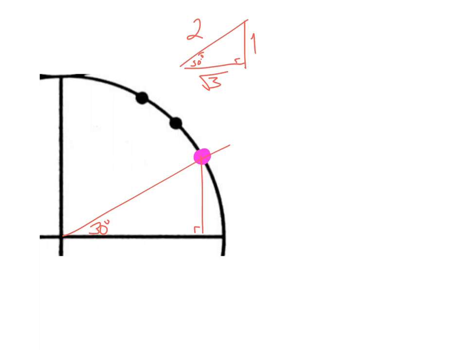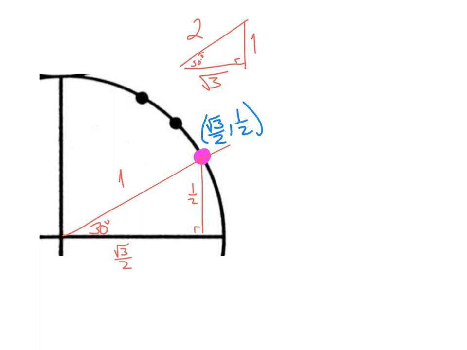But in the triangle we have, this point is on the unit circle, so it's the hypotenuse that is 1. Working backwards to that shorter side, we'd have to divide by 2. And then to go from the short side to the longer side, again, we multiply that 1/2 by the square root of 3. So square root of 3 over 2. So our ordered pair is square root of 3 over 2 and 1/2.